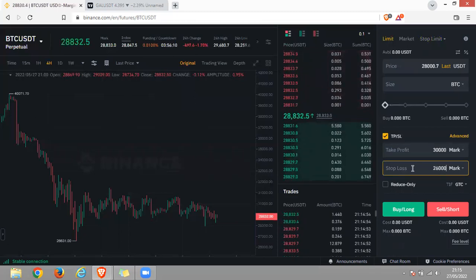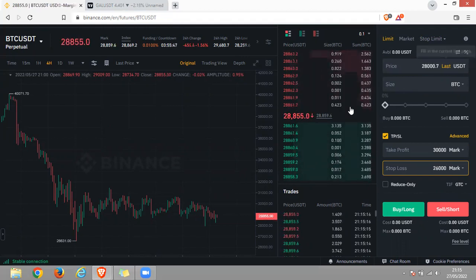Now, the moment I do that, I click on buy long, boom, it goes to a pending order. Why is it going to a pending order? Because the last price here is 28.3, 28.850. So it must get to 28,000 on the dot before it can be executed.